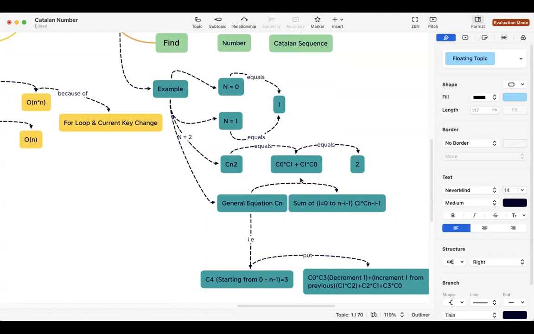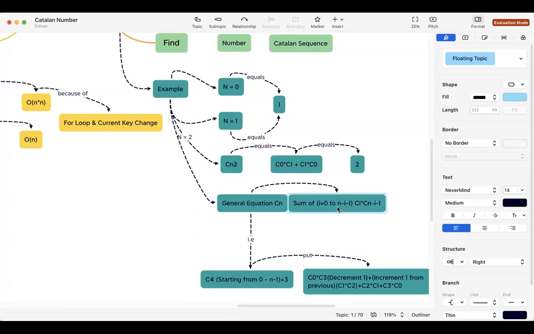Whatever number you have to find, for example n equals 4, you apply a for loop from i equals 0 to n minus i minus 1. For finding n equals 4, we go from i equals 0, with n minus 0 minus 1, and it will go up to a maximum of the third term.